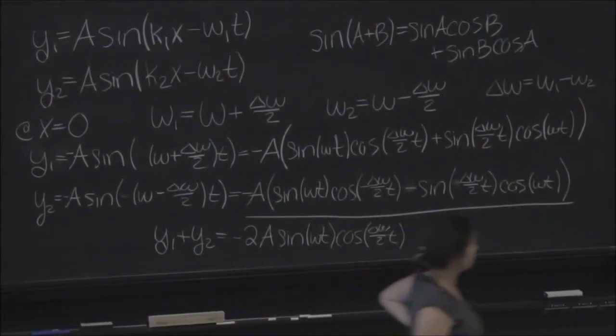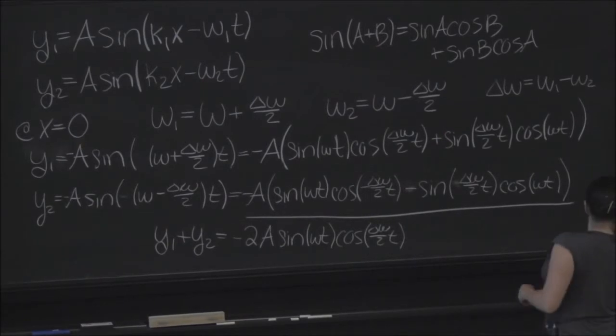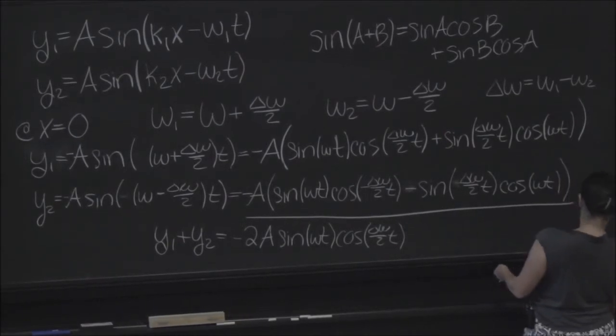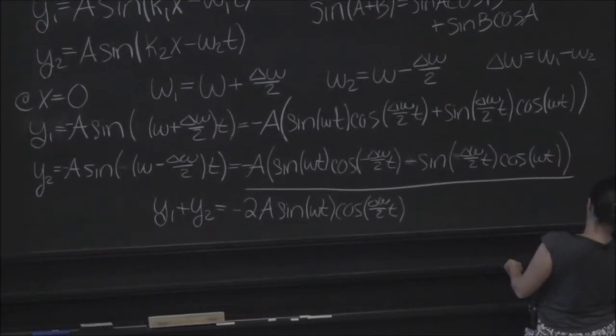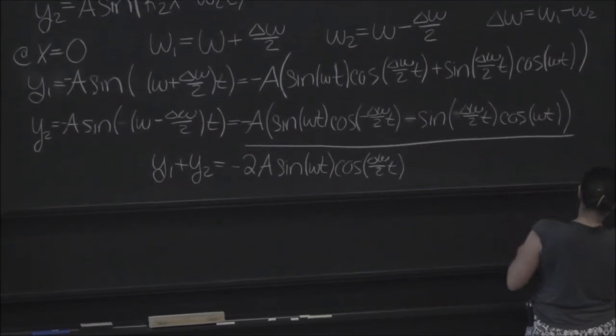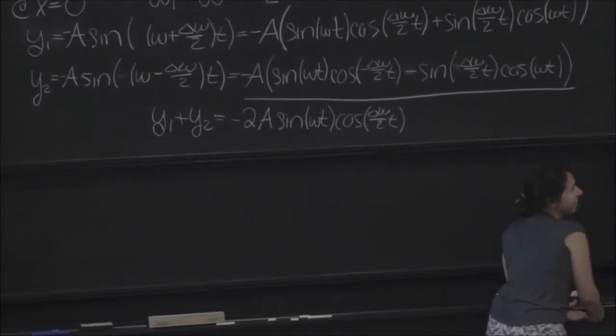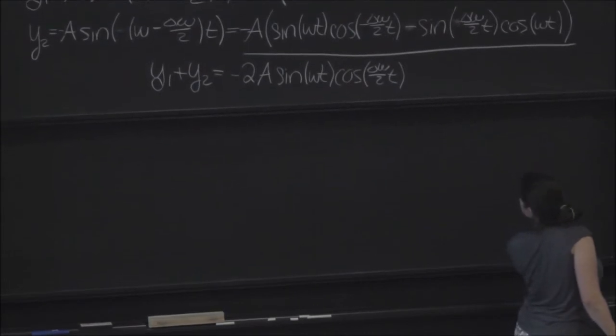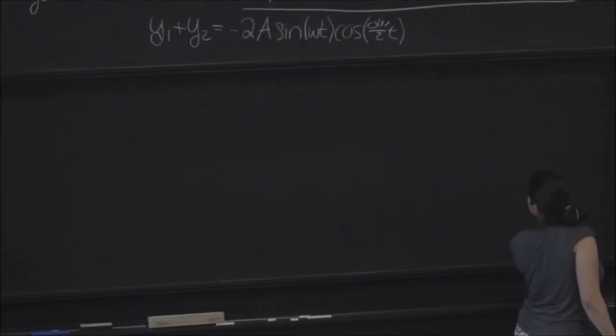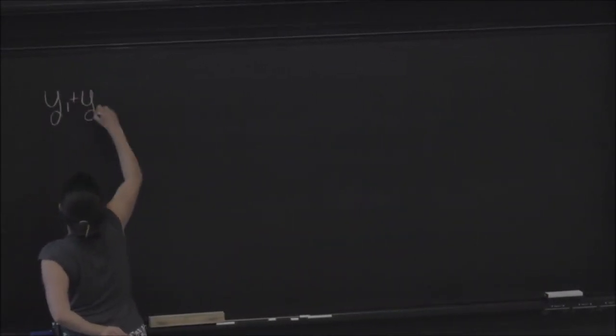I'm going to need to rewrite this over here because I want to talk about that a bit more. So what does this look like? It looks like now we have a sine and a cosine term that have different arguments. I'm going to rewrite that again right here. So we have y1 plus y2.